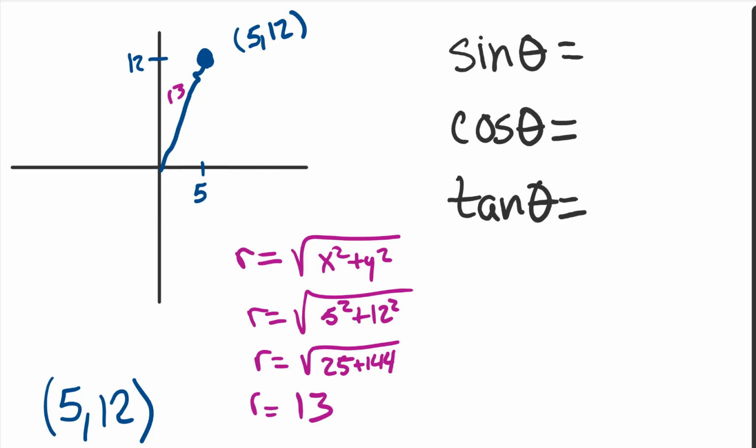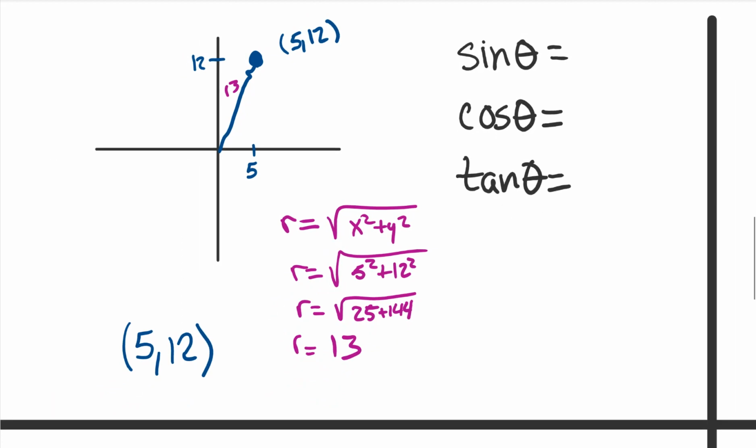It's something very different. So now we have our radius, and we have our x's and our y's. Sine is just our y value over the radius, 12 over 13. Cosine is just the x value, 5 over the radius, 5 over 13. And then remember that game with tangent?